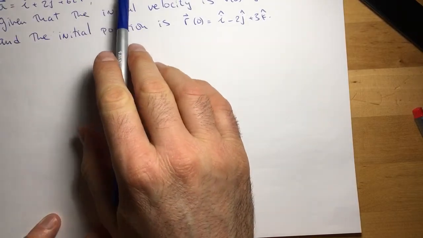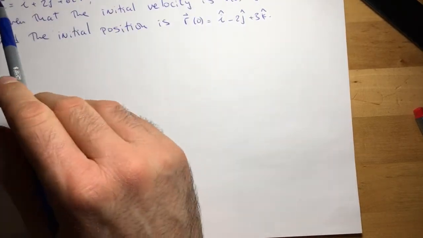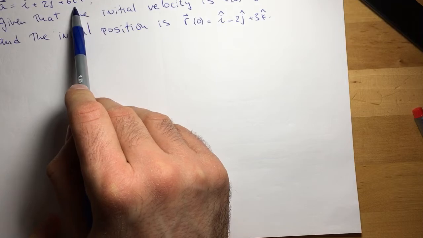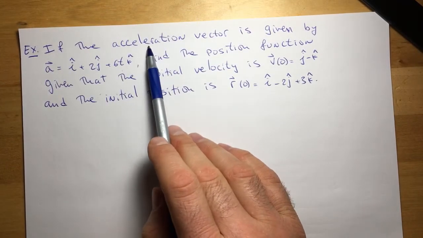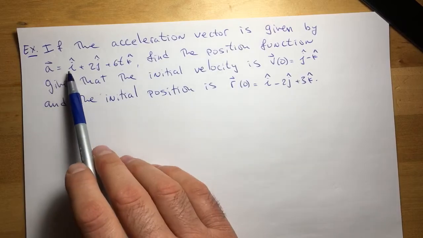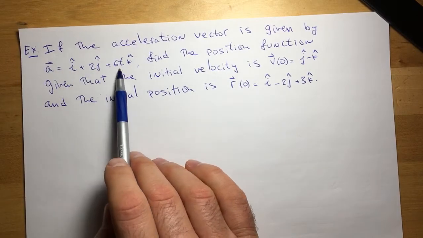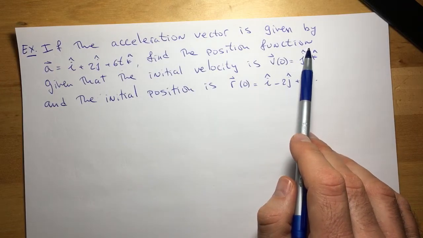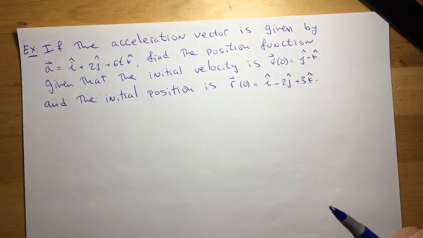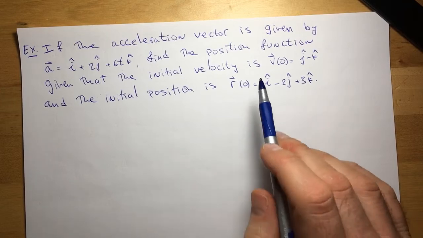If the acceleration vector of a particle is given by ⟨1, 2, 6t⟩, find the position function where the following initial conditions are given.